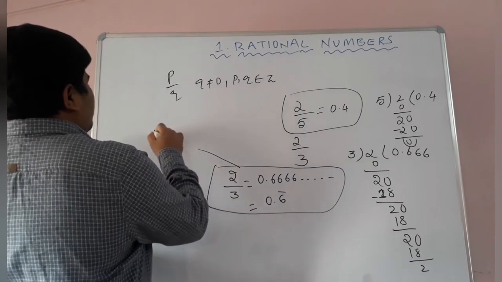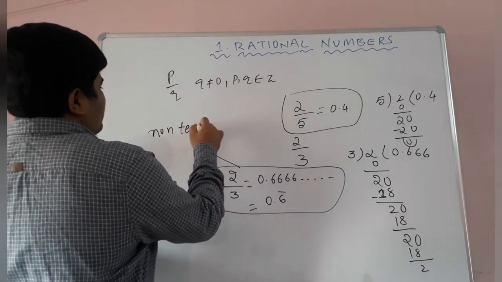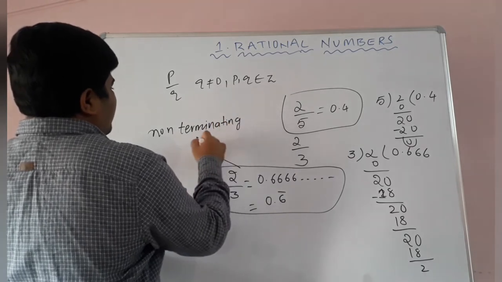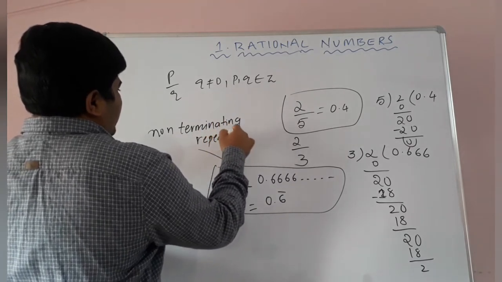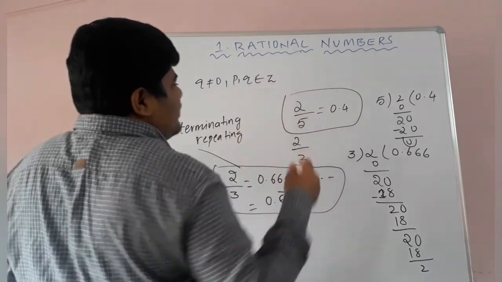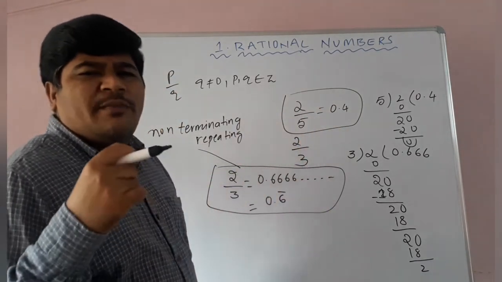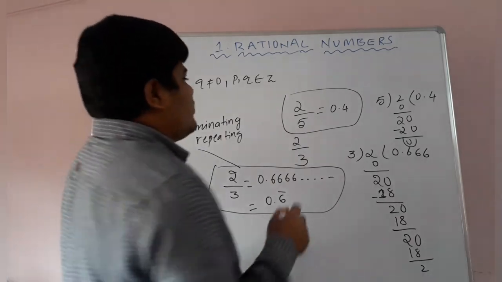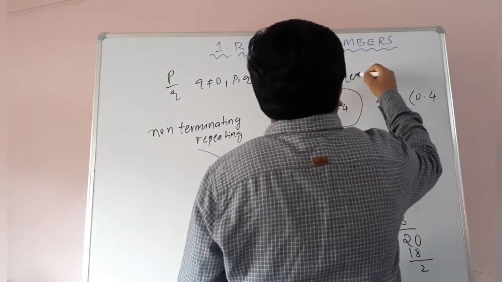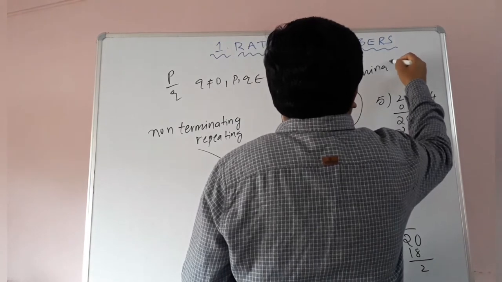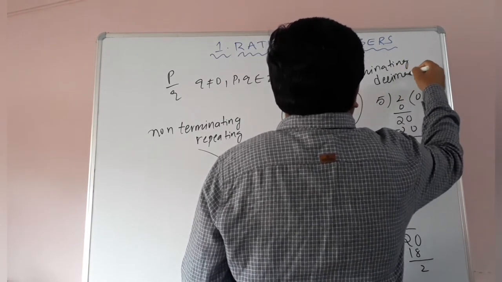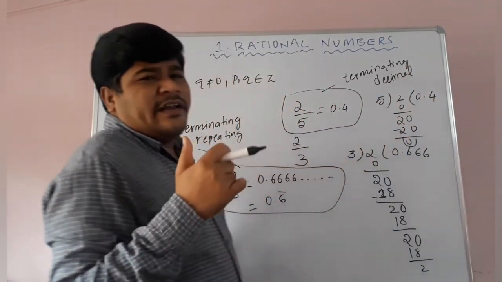And 2 by 5 can be written as 0.4, which is a terminating decimal. So children, there are two types in the decimal expansion of a rational number.